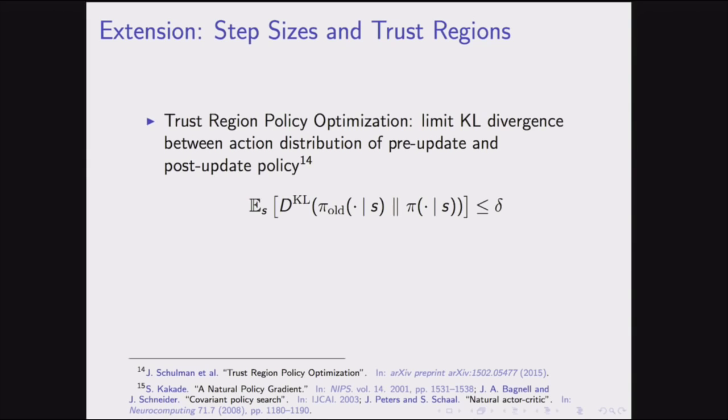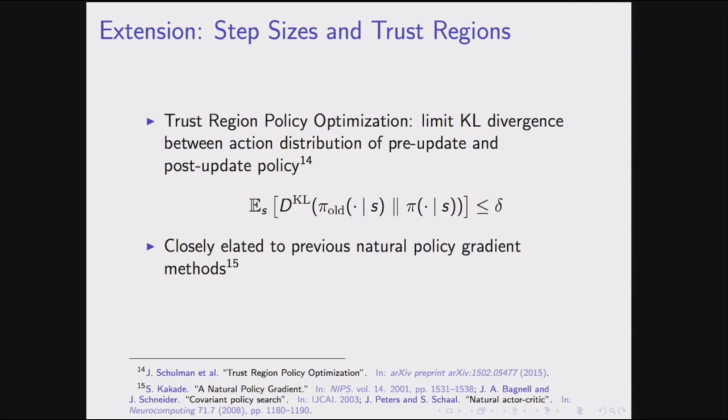So my colleagues and I developed an algorithm called trust region policy optimization, which looks at the action distributions and tries to make sure the KL divergence isn't too large. And this is very closely related to previous natural policy gradient methods, which are doing something similar, but usually it's not set up as a hard constraint on the KL divergence.